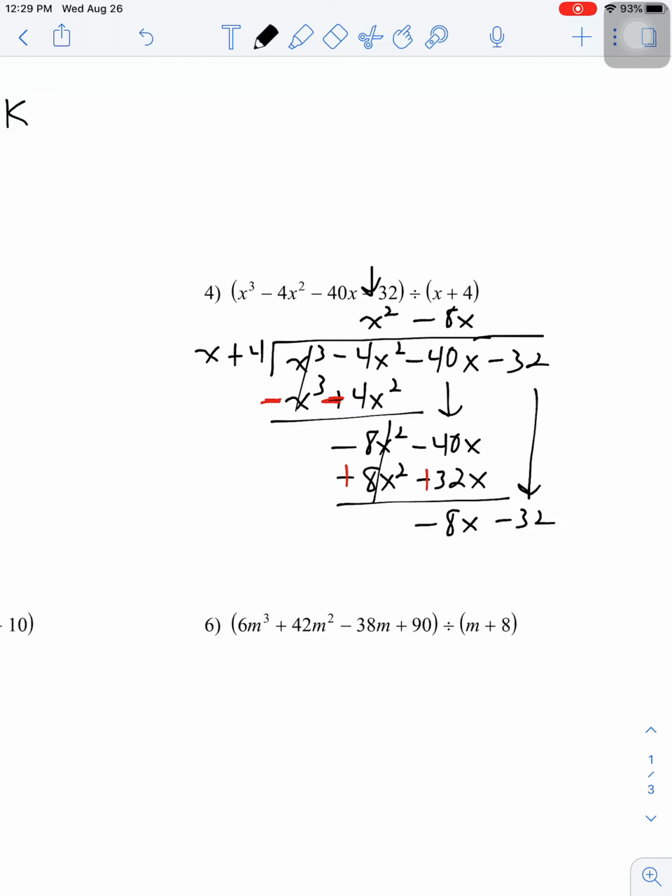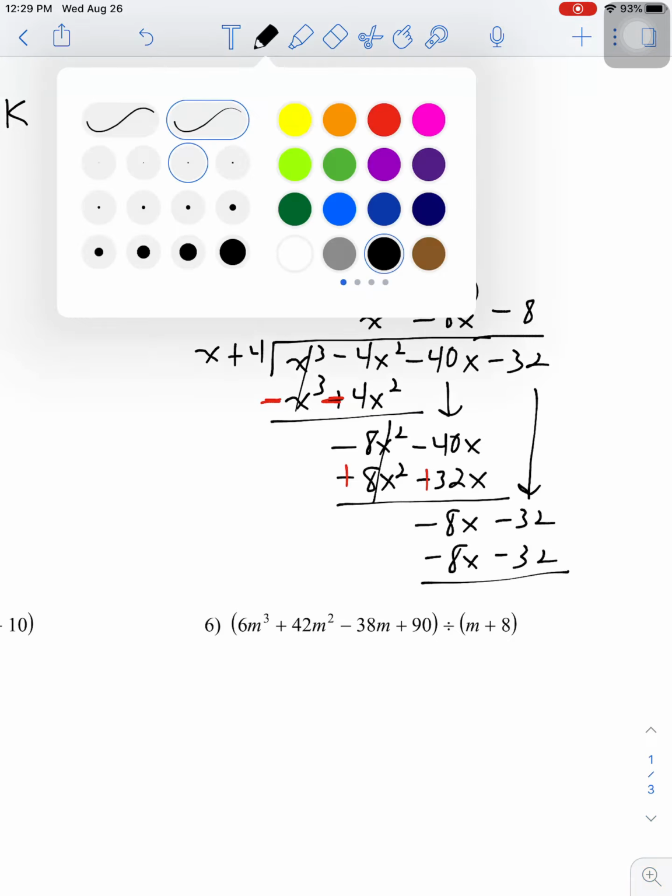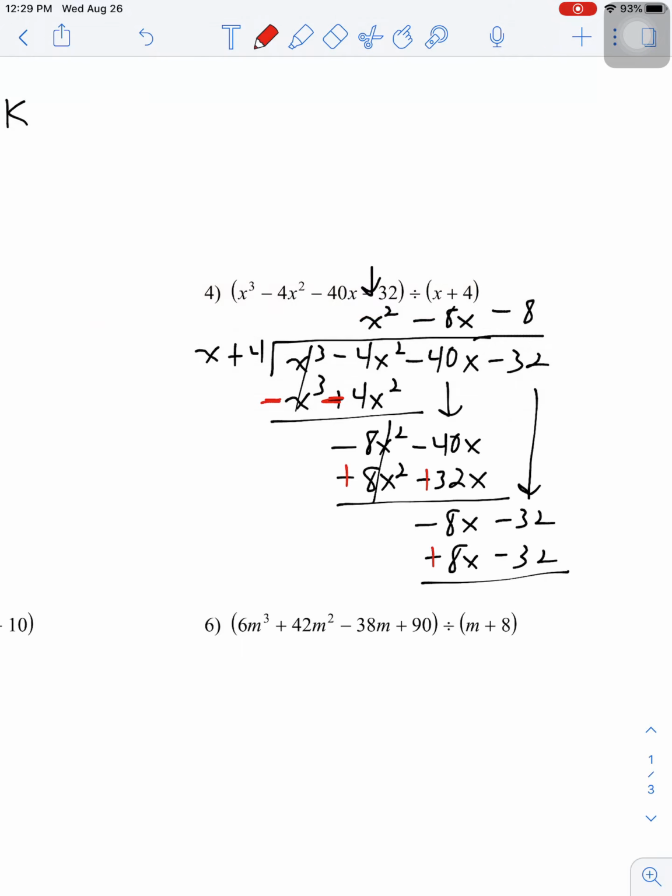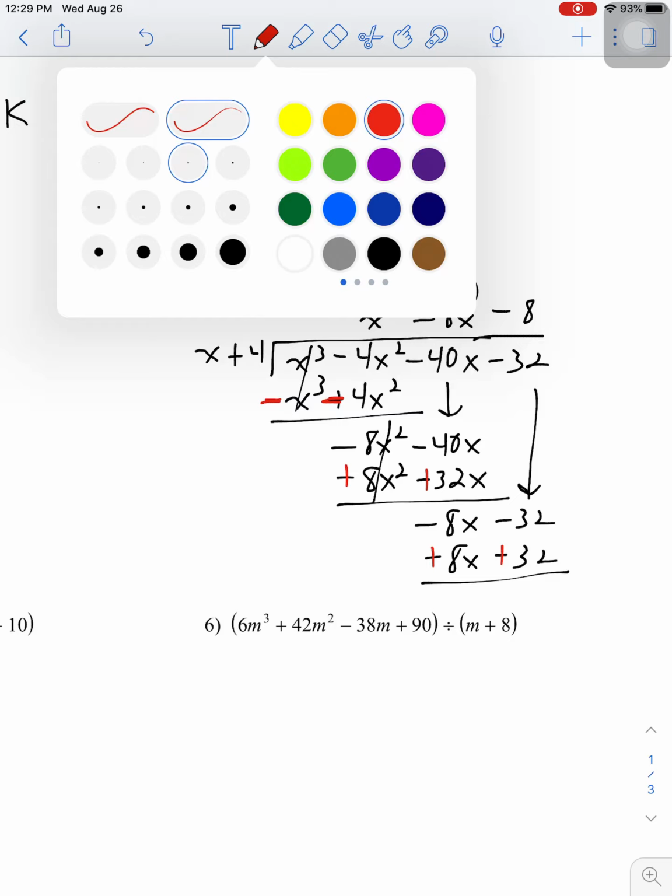So then the last part here is what times x gives you a negative 8x? Well, a negative 8. So negative 8 times x gives you a negative 8x. A negative 8 times 4 gives you a negative 32. And then when you subtract, it's going to change that to a plus and change that to a plus.